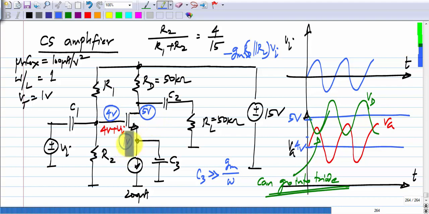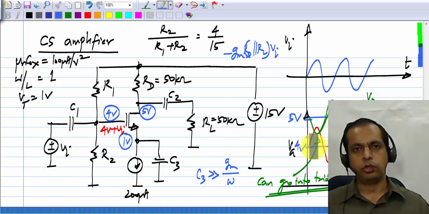Another way to think about it is, as the gate voltage reduces, the drain current will also reduce, and it can go to 0. Once it goes to 0, there can be no further change in the output voltage because the transistor is cut off. So as Vg swings negative, at these points the transistor can cut off, meaning it reaches the off state, when there is no current at all in the transistor. That sets the lower limit for Vi, the negative limit for Vi.